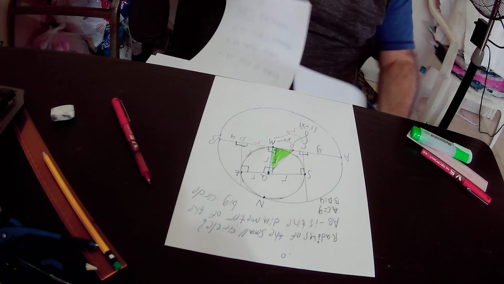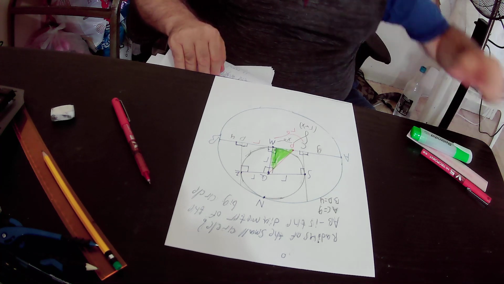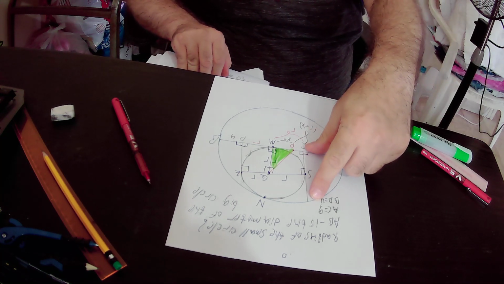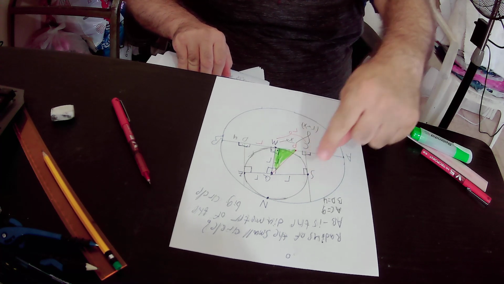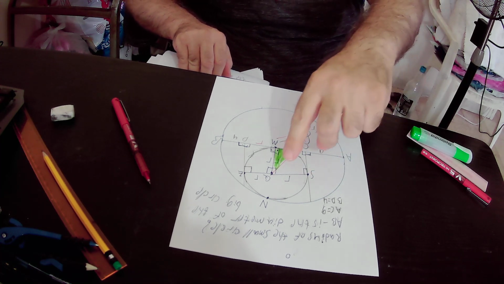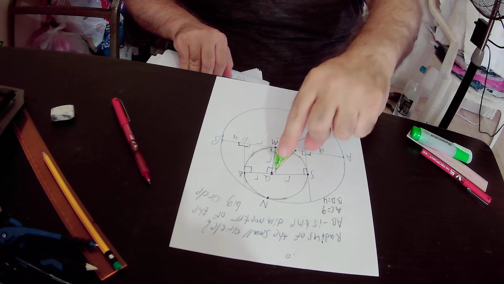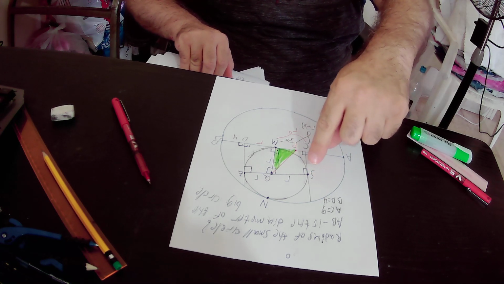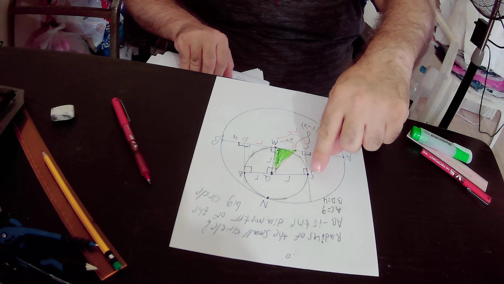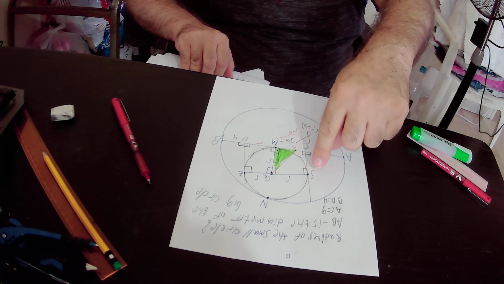So according to rule number 1, this tangent to the circle is perpendicular to the radius that is drawn to the point of tangency. This radius is drawn to the point of tangency because this radius ends at point S, that is the point of tangency between the line segment and the circle.